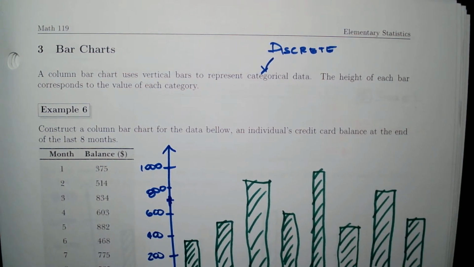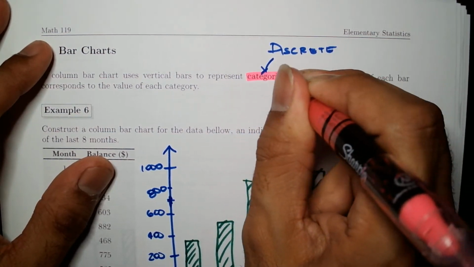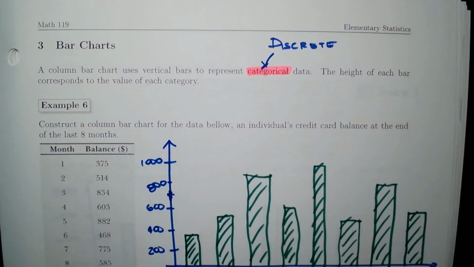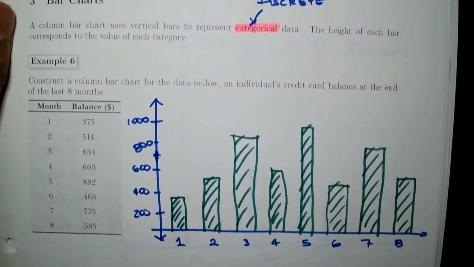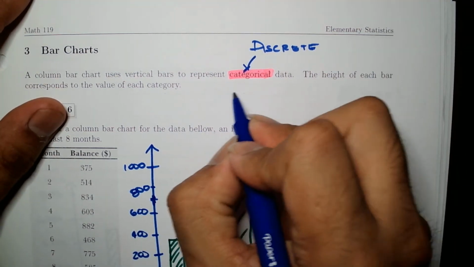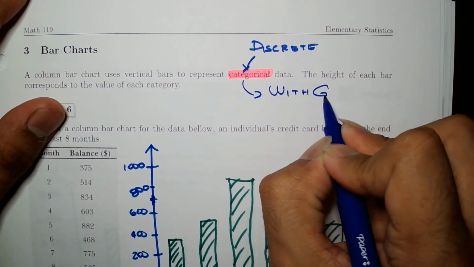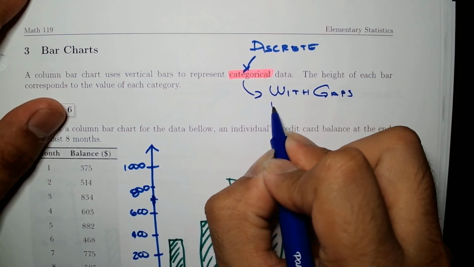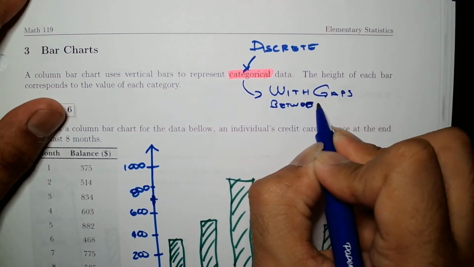But notice in this case, it's very important to highlight that categorical data is also discrete data. And when we do these graphs, they have to look like this, with gaps between each bar.